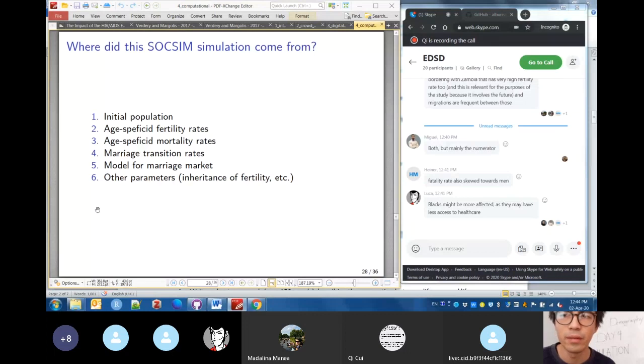Then we also had marriage transition rates and an internal model for the marriage market. This is one of the key ways in which different simulation packages differ: what model you choose to represent the way in which people find partners, marry and divorce.